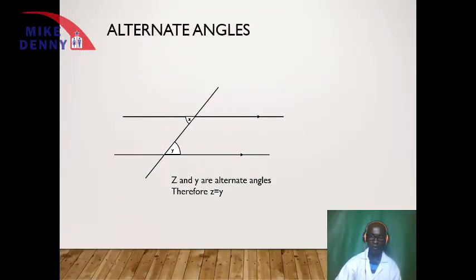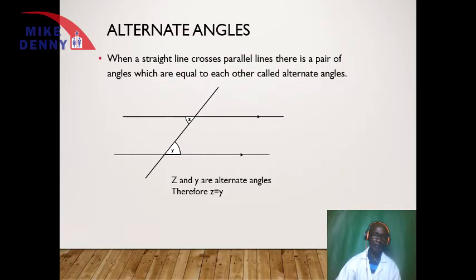We move to alternate angles. When a straight line crosses parallel lines, there is a pair of angles which are equal to each other, and they are called alternate angles.